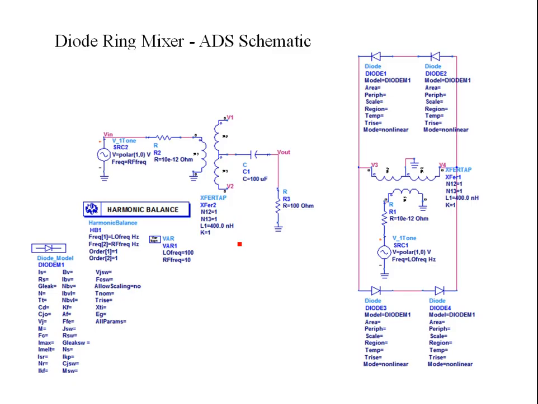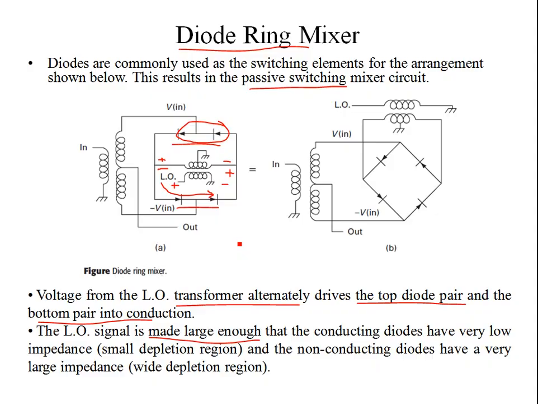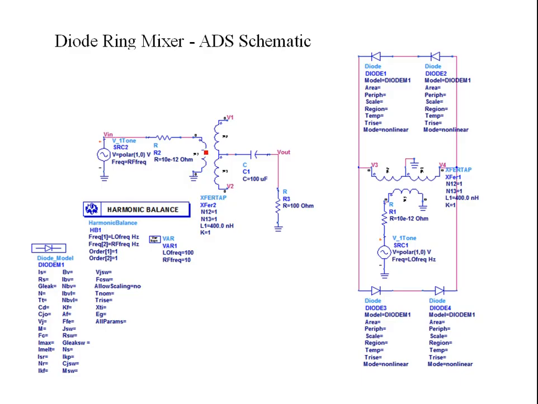Now in this schematic, let's try to understand what's going on in this circuit. I have bifurcated the circuit. This is my RF part, and this is my local oscillator part.